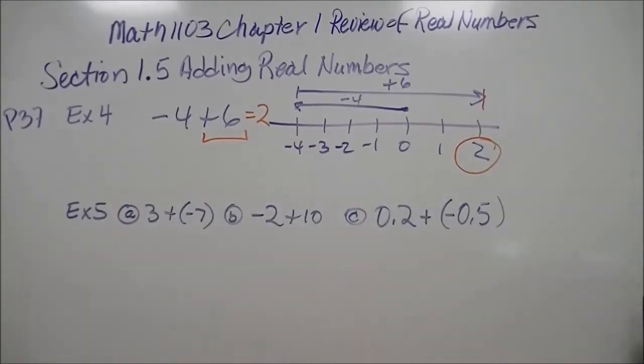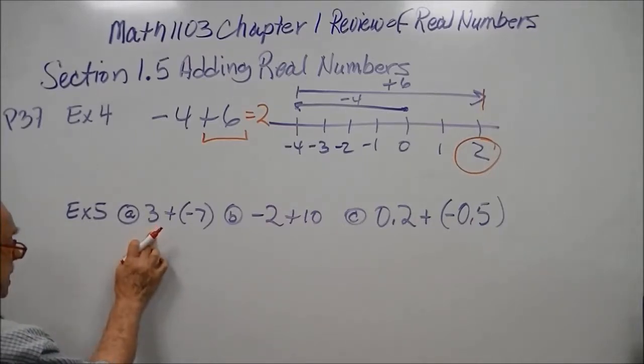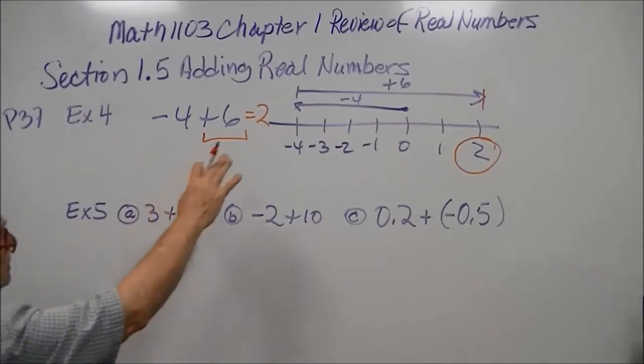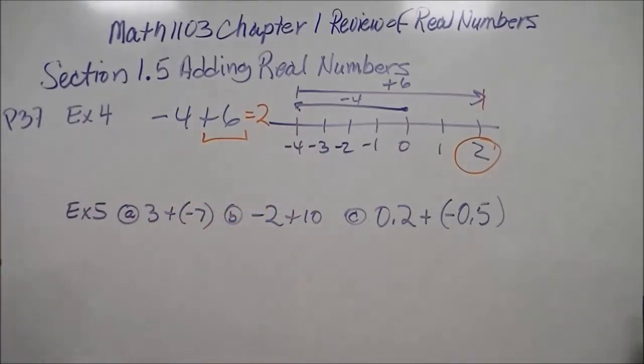Going on to example 5, here we have a +3 and a -7. Well, we don't want to keep drawing the number line, but we're looking for a strategy to do this.